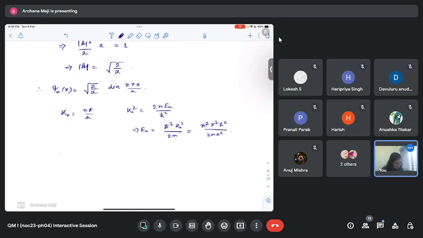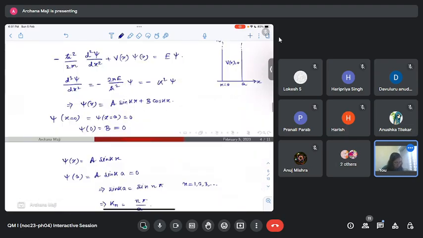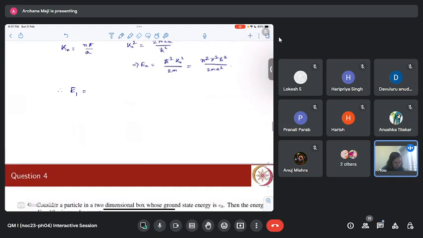So therefore the ground state energy is E1, or we can call it E0, but actually it corresponds to n equal to 1, that is pi square h cross square divided by twice m a square, and any other energy will be n square E0.